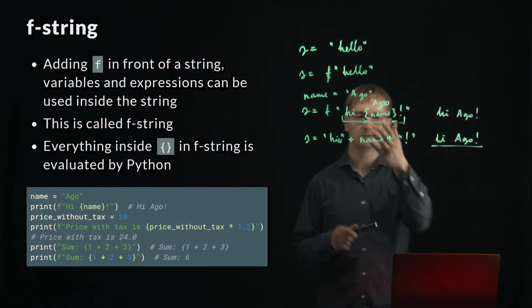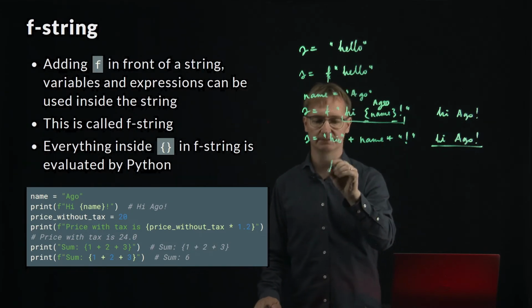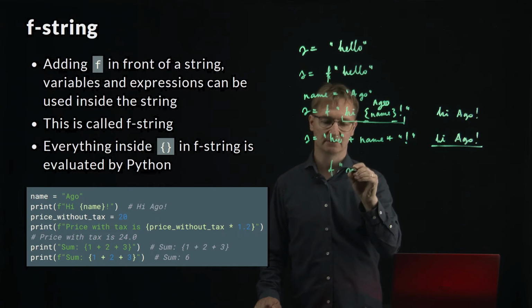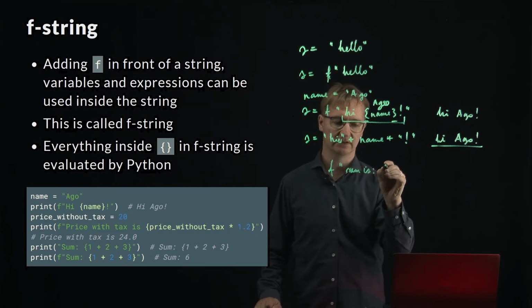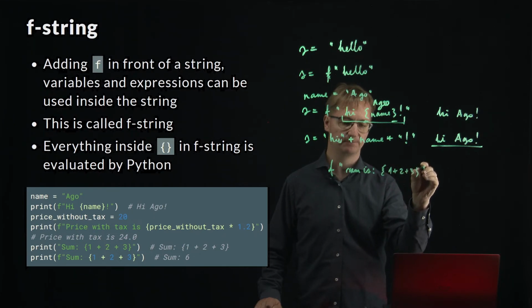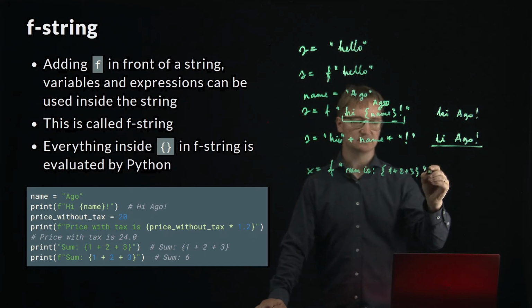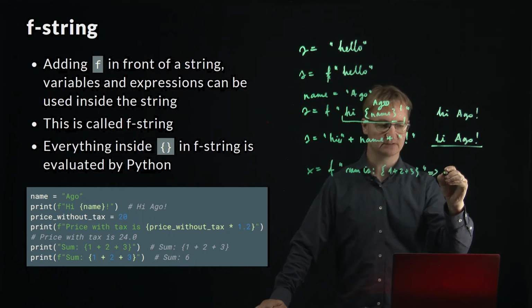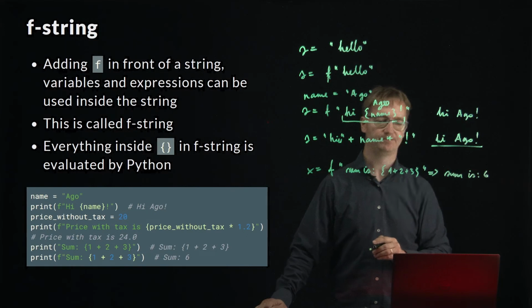In addition to using variables, I can also just calculate something here. For example, let's say sum is, and now I can add 1 plus 2 plus 3. Now what happens is that it basically is the same as sum is 6.